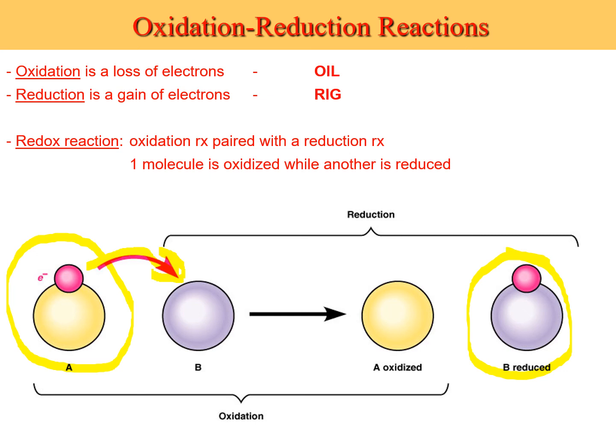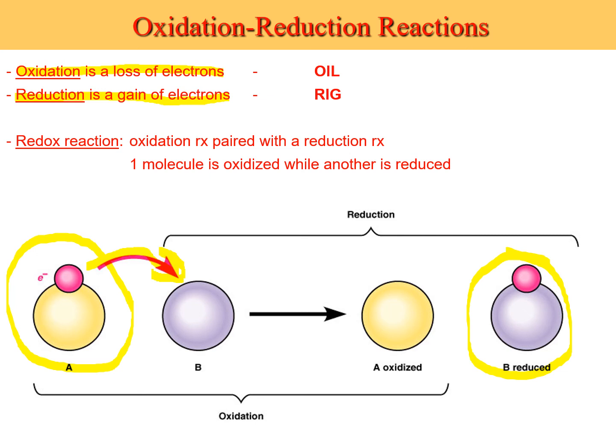And remember that electrons are in orbit around the nucleus. The loss of an electron is called an oxidation reaction. The gain of an electron is a reduction reaction. Not surprisingly, these two types of reactions are typically found in pairs. So one molecule loses an electron, the other one gains an electron.